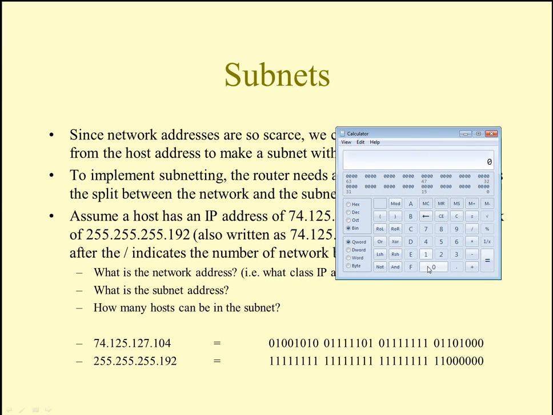We have a 0, 1, followed by 6 zeros, and we want to convert this to decimal. You see that it's 64. So our subnet address is going to be 74.125.127.64.